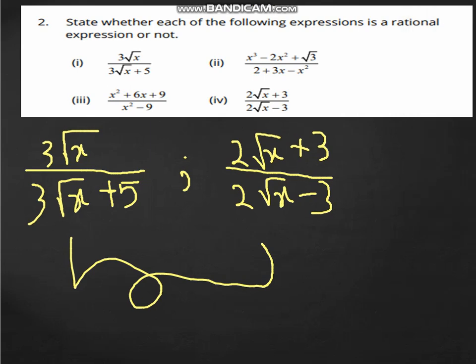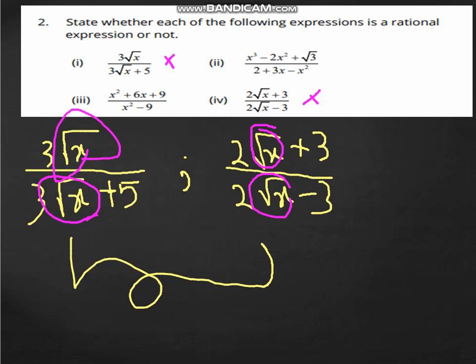So, we have x in the square root, which is what does not make these two expressions rational, which means expression 1 and expression 4 are not rational expressions. So what about the others, 2 and 3?